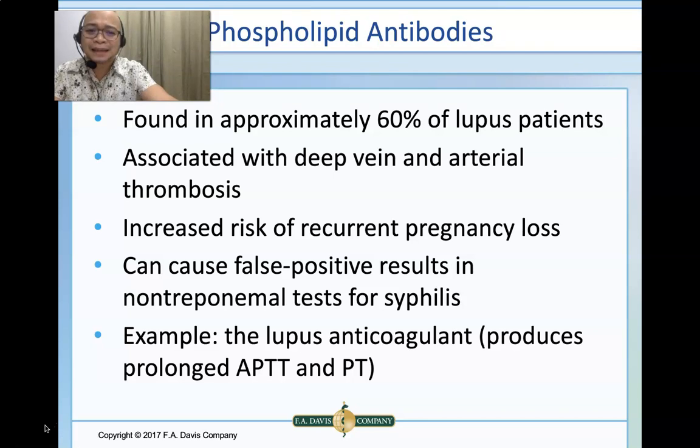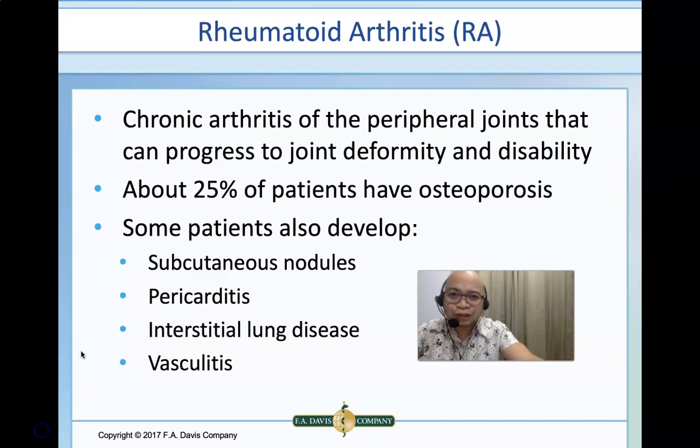People with APAS, particularly females, may be at risk of recurrent pregnancy loss. And it may also cause a false positive result in non-treponemal tests for syphilis. And if a person has lupus anticoagulant, whenever we perform coagulation testing, it will also result in prolonged activated partial thromboplastin time and prothrombin time.